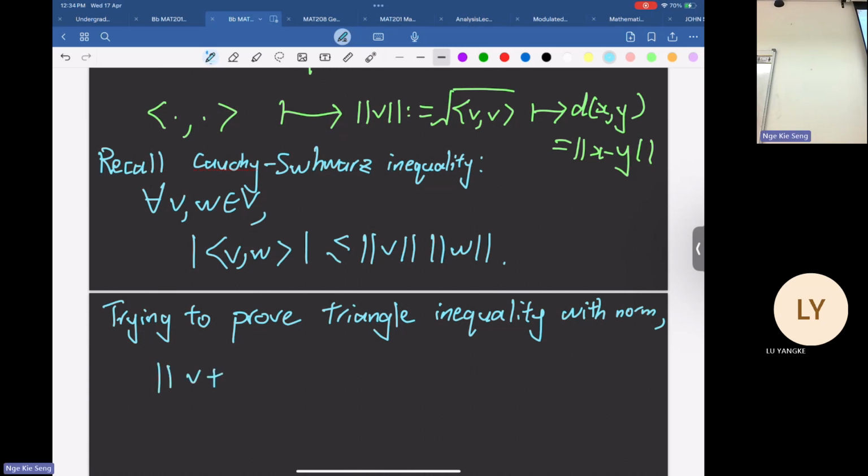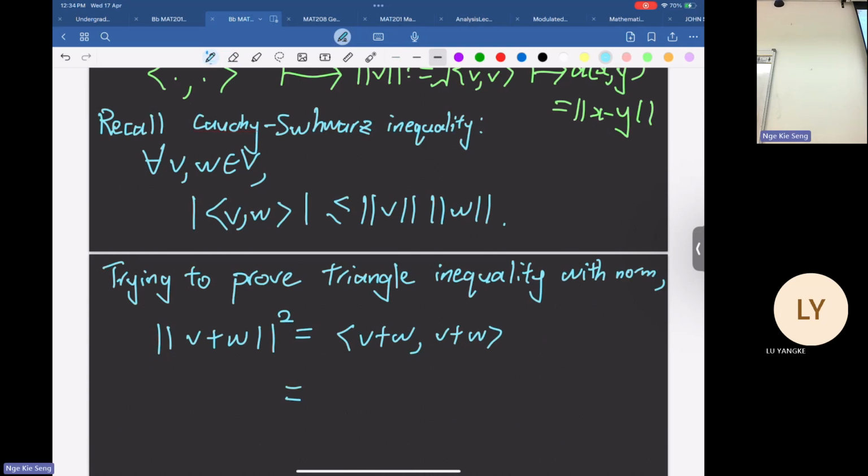Let's look at the norm of v plus w. By definition, it is the square root of the inner product between v plus w and v plus w. But I think the square root is a bit annoying, so let's square it.